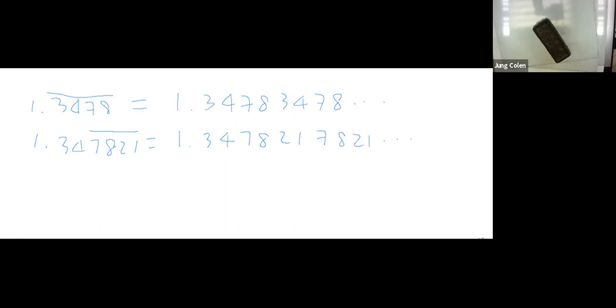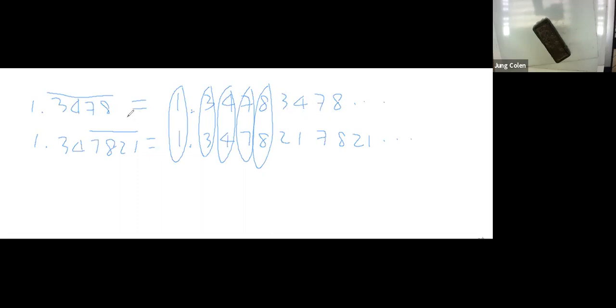Now we can compare from the left-hand side, right? We have decimal points here and here. So 1 and 1, they are equal. Then 3 and 3, same. 4 and 4, same. 7 and 7, same. 8 and 8, same. But this is the 100,000th place? It's different, right? Which one is greater? 3 is greater.